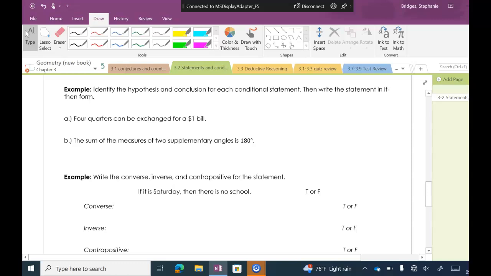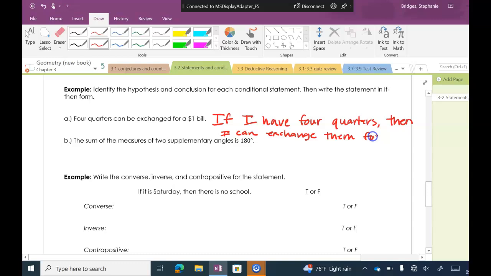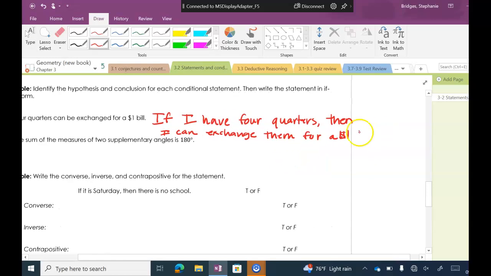So what's it talking about at the beginning? 4 quarters. So if I have 4 quarters, right? Then what could you say? If I have, or you have, or whatever, it doesn't have to be word for word, 4 quarters, then I can exchange them for a $1 bill.